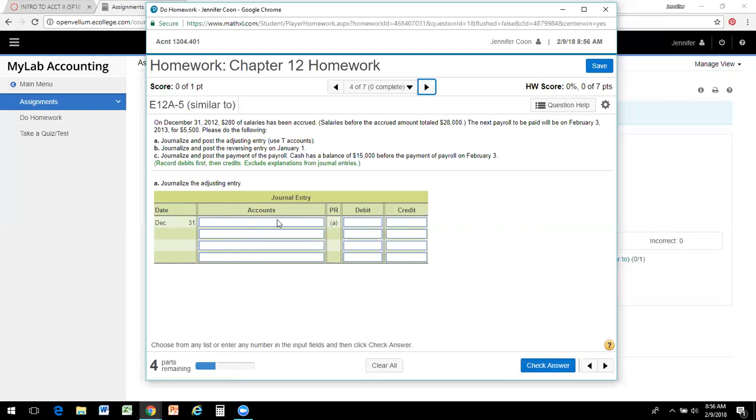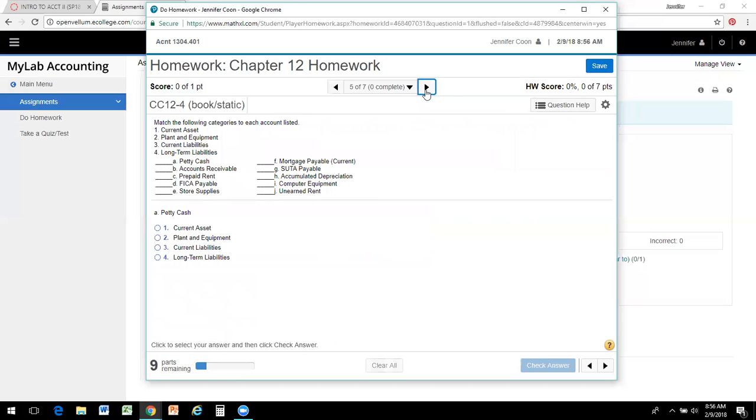I think I may pull this problem out because I really don't want you guys doing reversing entries, and I don't want you to get thrown off on that. So when you watch this video, when you actually get to your homework, this one probably won't be in there because I didn't realize the second part was reversing. I thought it was just adjusting entries. Okay, so we'll go on to the next one.